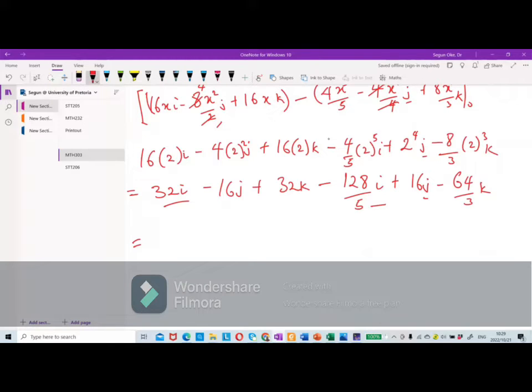That means 32 minus 128 divided by 5, you have it to be 32 over 5 i. Minus 16j plus 16, that will be 0.